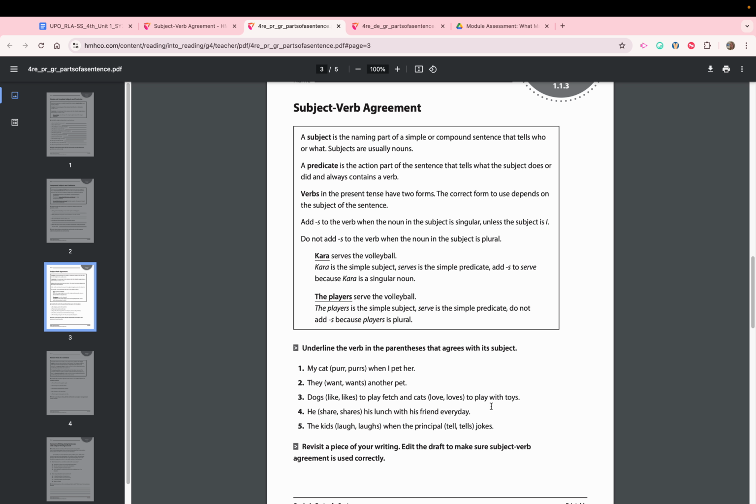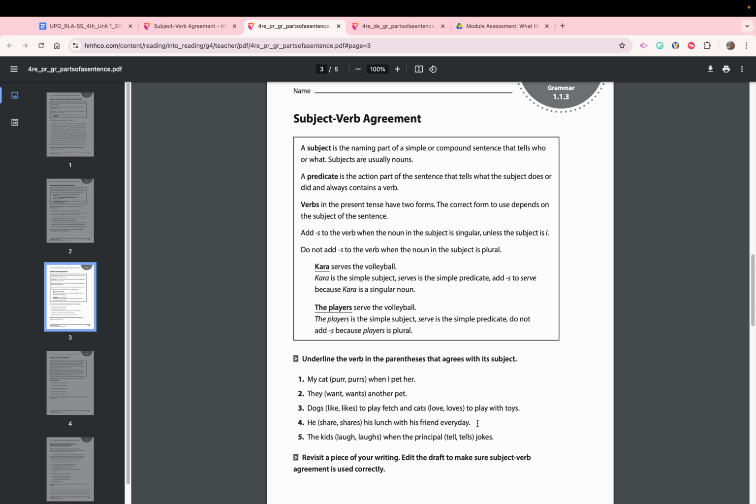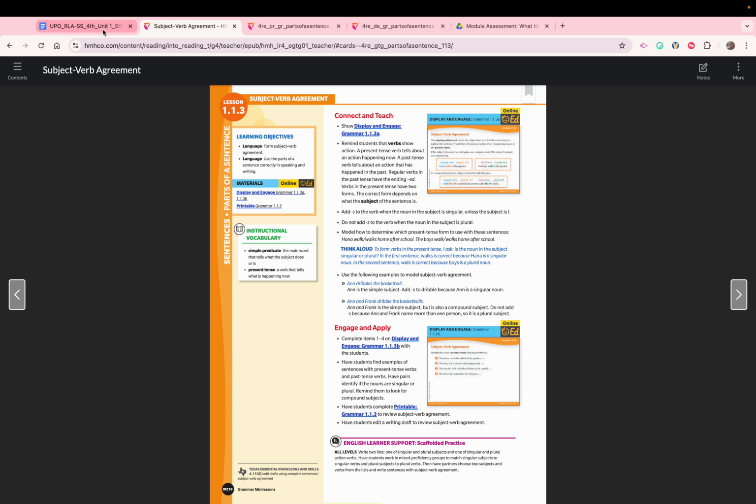So this could be something that, let's say when you see your students working on it, you have a group of kids that just doesn't seem to be getting this subject verb agreement piece. I could then have maybe a handful of these worksheets ready to go, and I could pull those kids in a small group and review the lesson in small group. But it's not necessary to have every single student do that worksheet page.